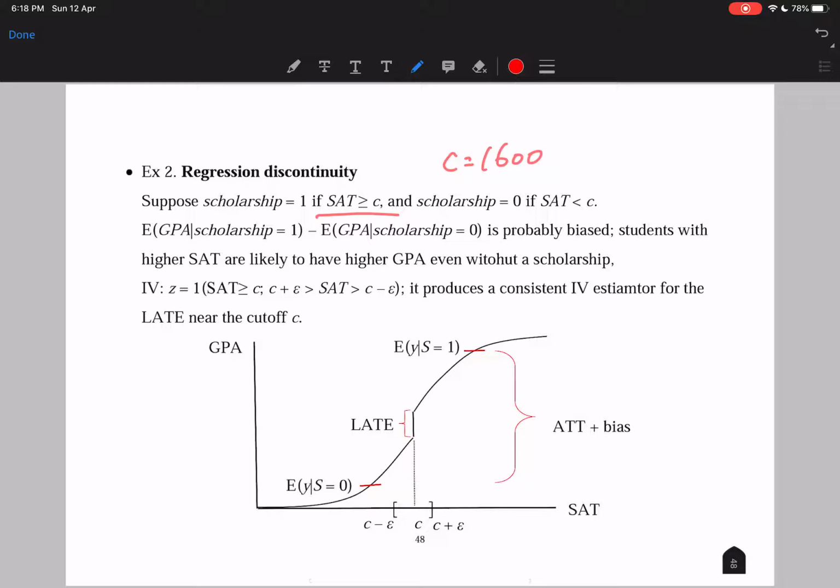And they won't have a scholarship if their SAT score is below 1600. So the SAT score is the standardized test score in the US.